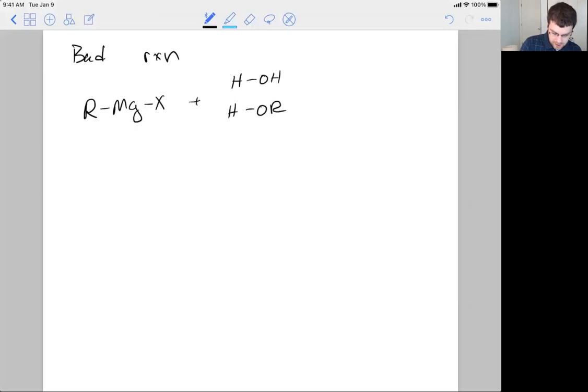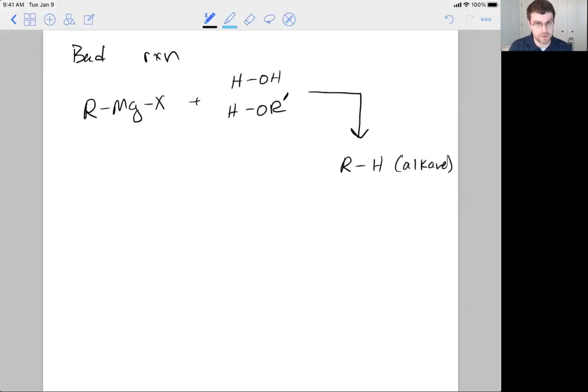I'm going to put a prime on one R just so we can separate this R from this R. If we put water or alcohol in the presence of our Grignard reagent, something unproductive is going to happen. You're going to form RH, which is just an alkane.